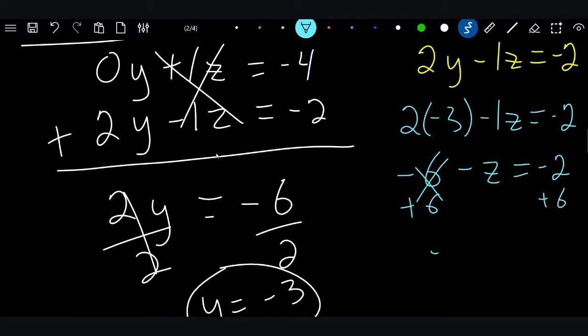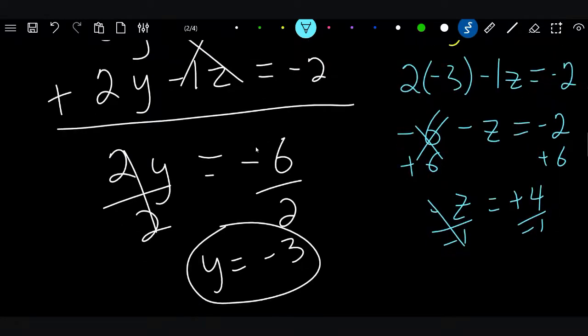It's going to cancel. We're going to get negative z equals positive 4. Divide both sides by negative 1 to get rid of that negative z, and we're going to end up with z equals negative 4. All right, so now we have our y and our z. We are still missing our x.